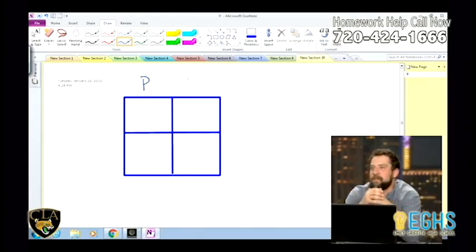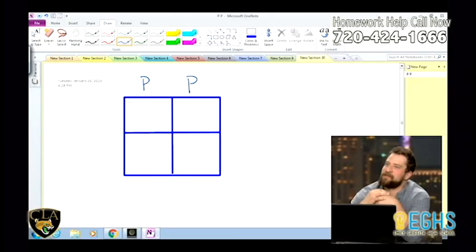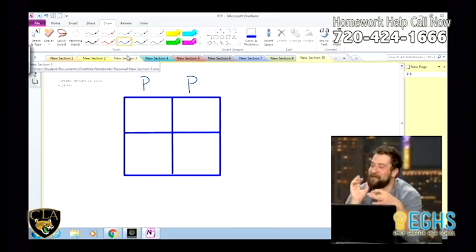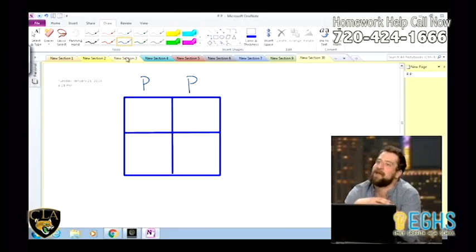This is the parent that has two dominant alleles, and this flower is going to be purple. When you have one or two alleles that are dominant, you're going to be a purple flower. And then on the side, let's do big P, little p. Okay, perfect. That's nice and little.